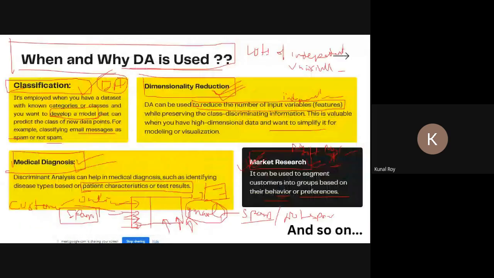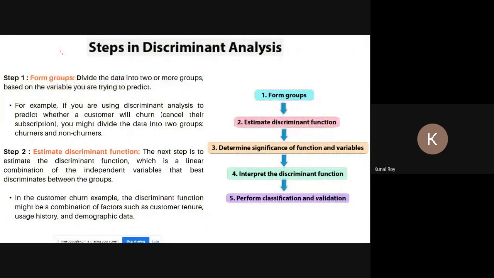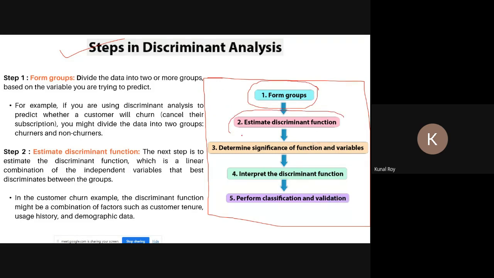Now, this is the basic thing regarding discriminant analysis: there are a total of 5 steps when we discuss discriminant analysis. First we have to form the groups, then we have to estimate the discriminant function.